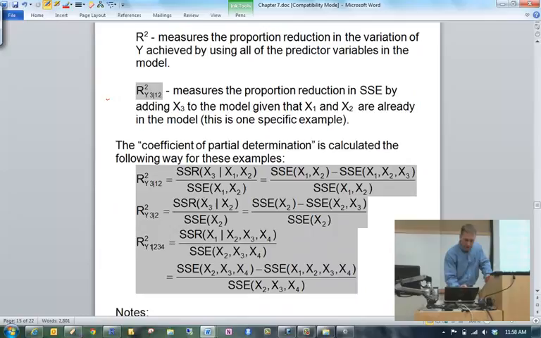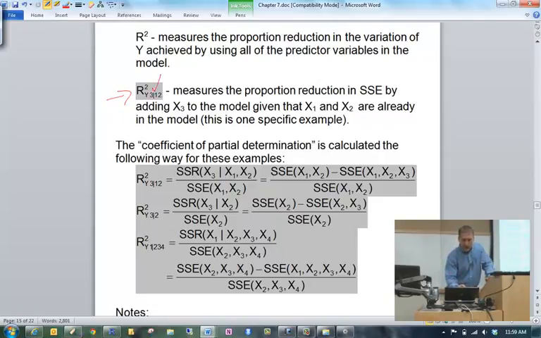So for example here, it's kind of a weird notation, but this is what the book uses. R squared and then the subscript y. Just to remind you, your response variable is y. And then a 3 next to it, say, suppose I'm interested in the reduction in the sums of squares by also including x3 in the model.